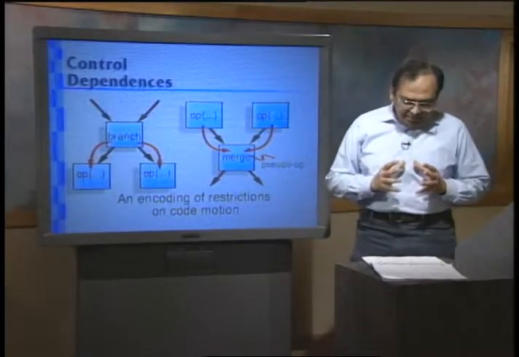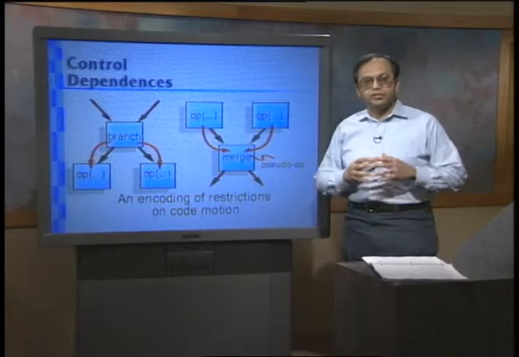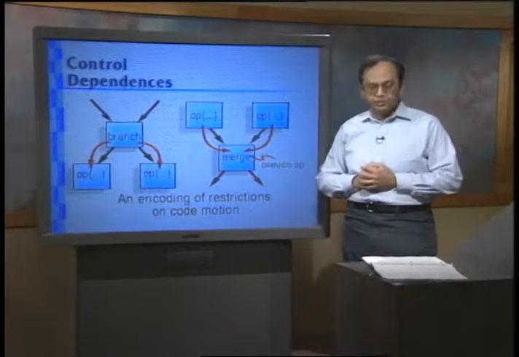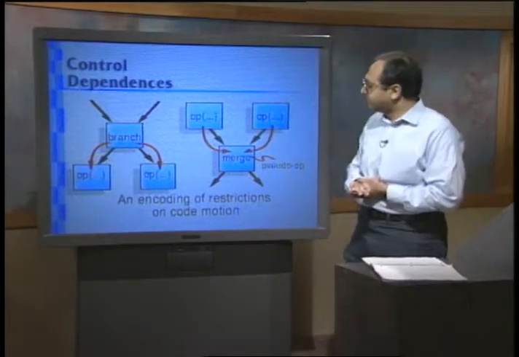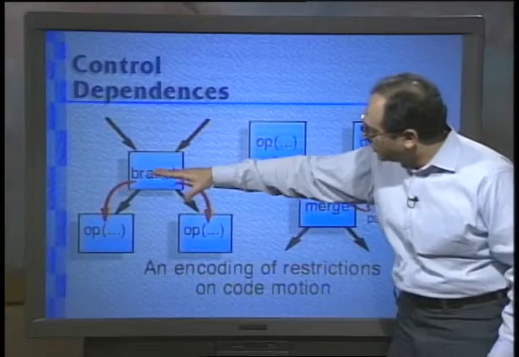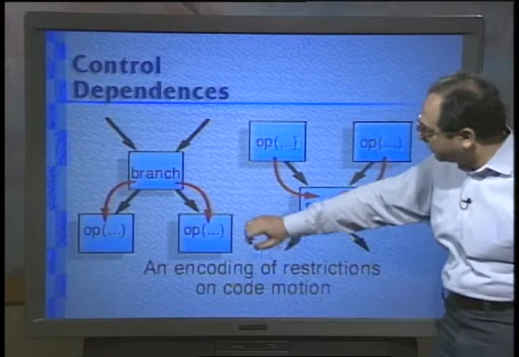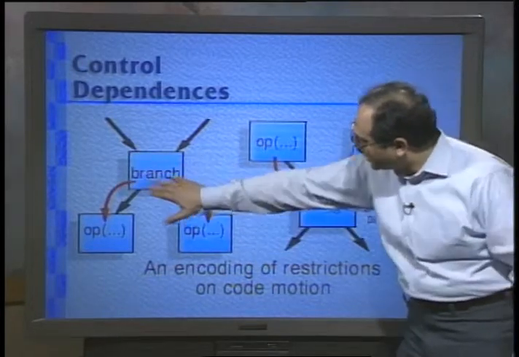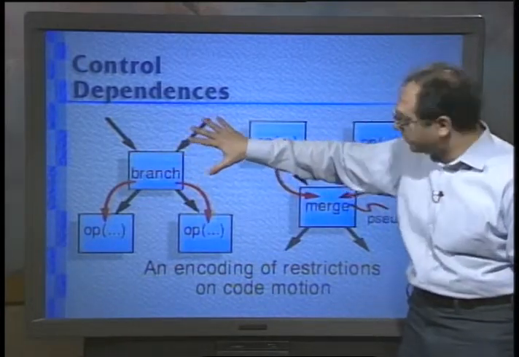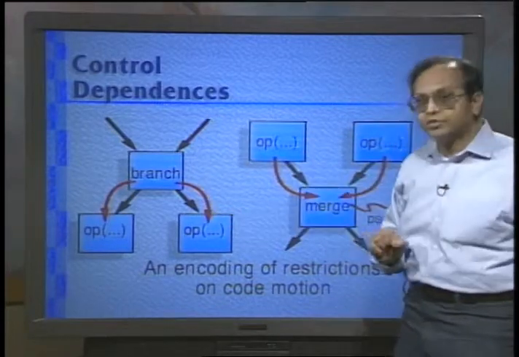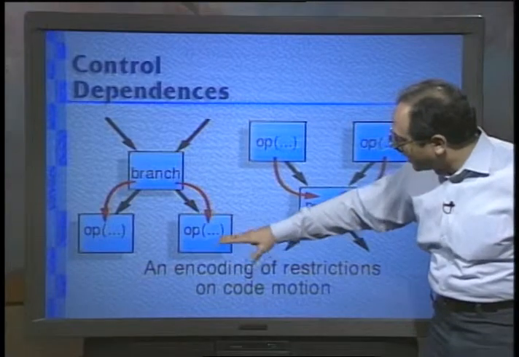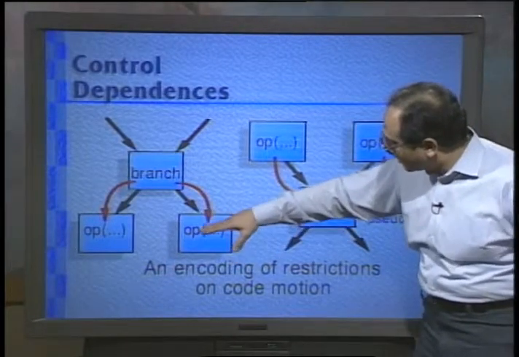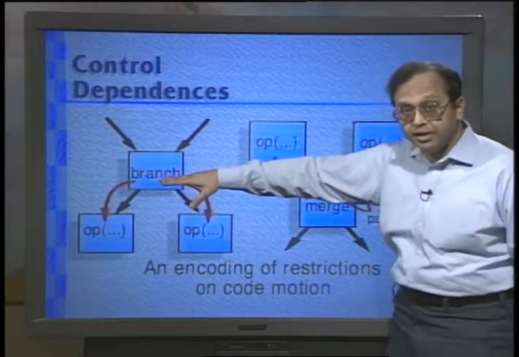These restrictions on code motion, that is, avoiding unsafe code motions, can be put in a format that a scheduler understands by drawing dependence edges between the branch and operations down here. So in this diagram, the heavy black edges correspond to flow of control, whereas the red edges correspond to control dependencies. And what this says is that this operation cannot be executed until this branch has been executed.